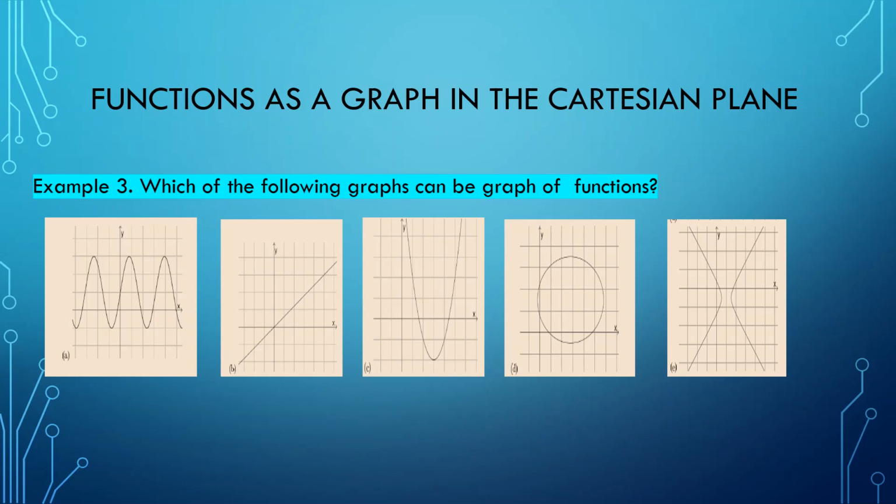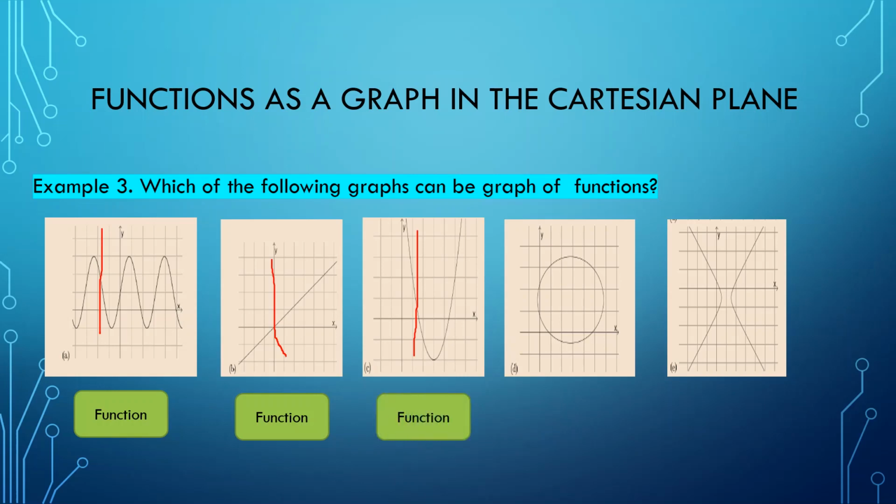So we will use the vertical line test. Using the vertical line test for graph A, obviously, it only intersects at one point. So therefore, this is a function. This one, again, a function. This one is also a function. How about letter D?